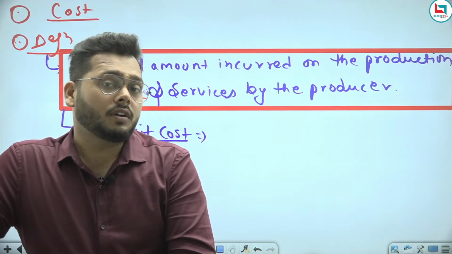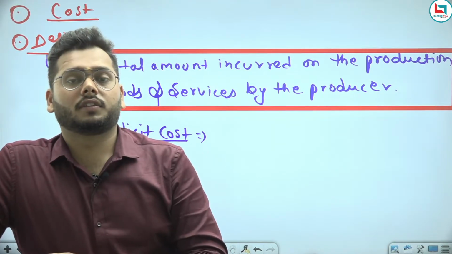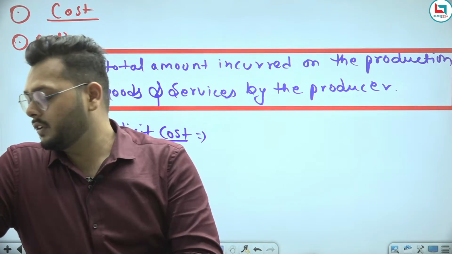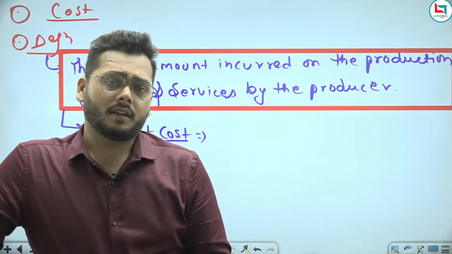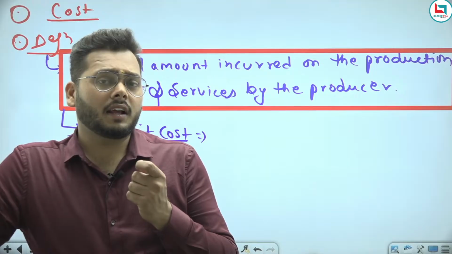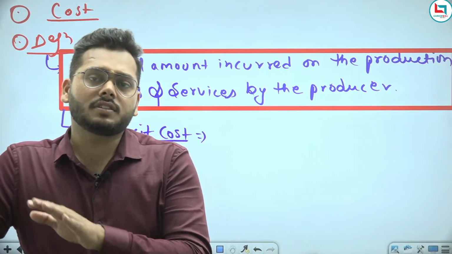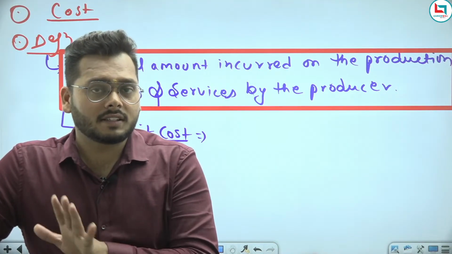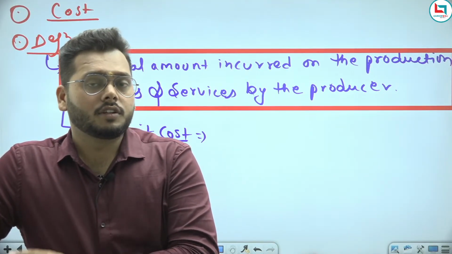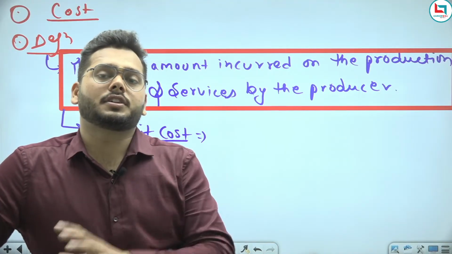It means you never have to pay rent to anybody, because you have your own area. But still, the value of the area is there. Whatever the value of that area, that is implicit cost.